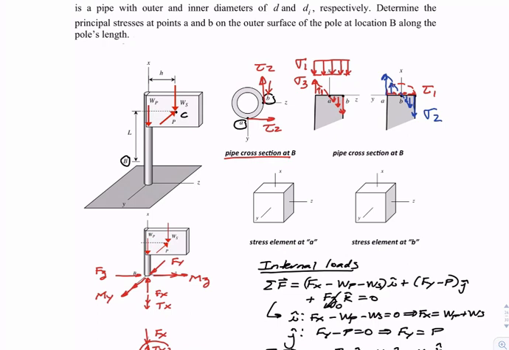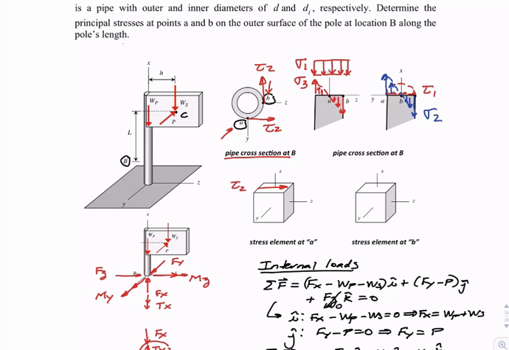Point A, which is the point right here, what we see is that at A there's a tau 2 in the positive z. So I'm going to draw in tau 2, and as before I want us to focus only on the x face. We'll deal with the other 5 when we get through.